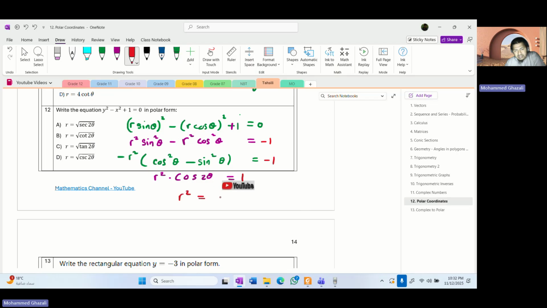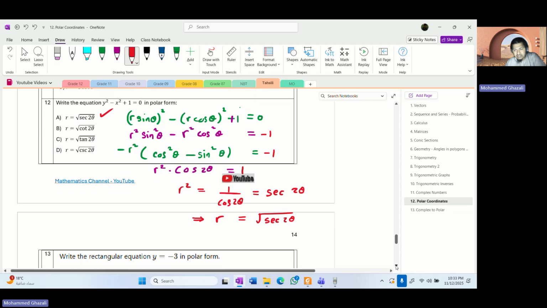So r squared is equal to 1 over cos 2 theta. 1 over cos 2 theta is a reciprocal, so that is sec 2 theta. So this implies r is now equal to square root of sec 2 theta. It's supposed to be plus minus, but they don't have a plus minus, so just r equals square root of sec 2 theta. That's our answer.